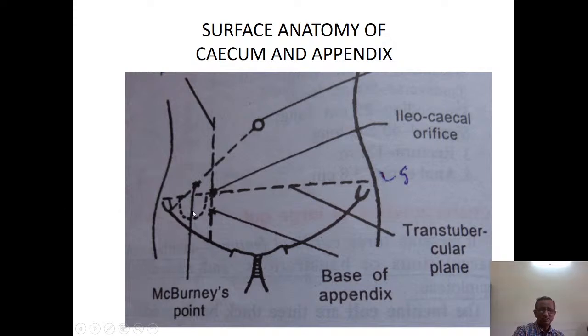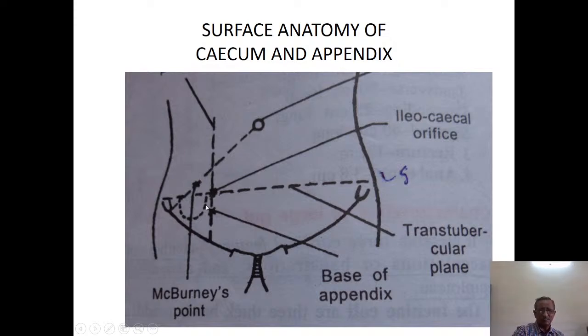So here we are seeing the surface anatomy of the cecum. The cecum is present below the transtubercular plane and to the right of the right lateral plane. Then we see the ileocecal orifice and the appendix in the plane of the right lateral plane.